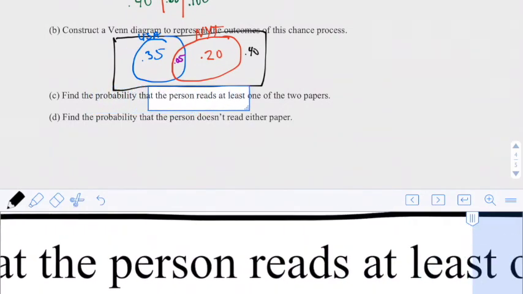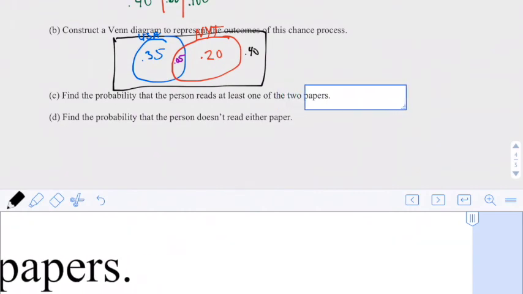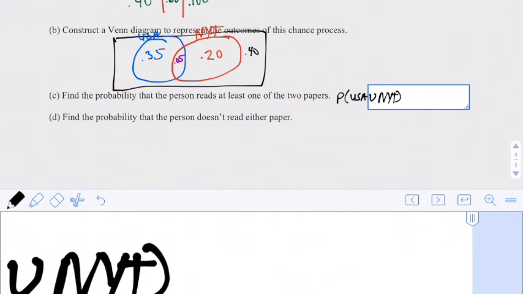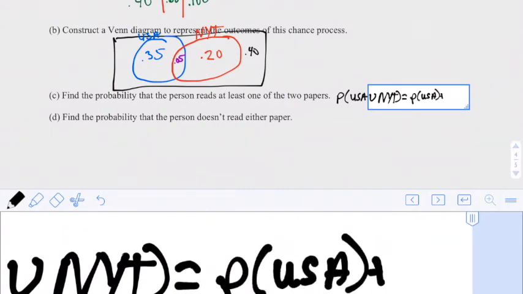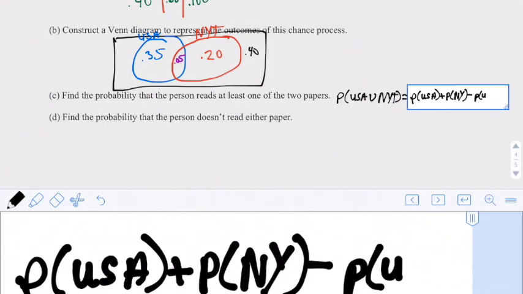Find the probability that the person reads at least one of the two papers. So this is the probability of USA or New York Times. If we use our formula, we have the probability of USA plus probability of New York Times minus the probability of both, USA and New York Times.